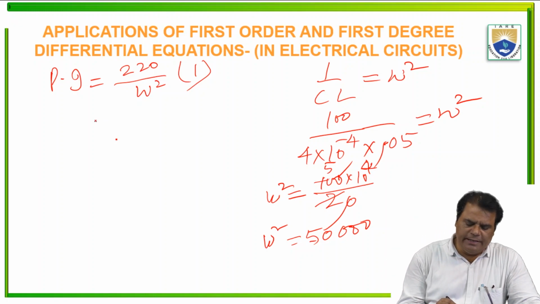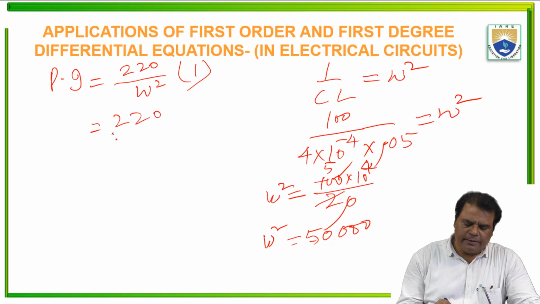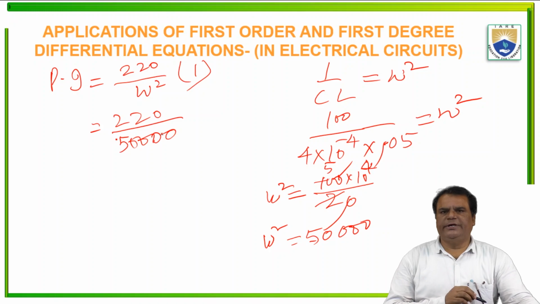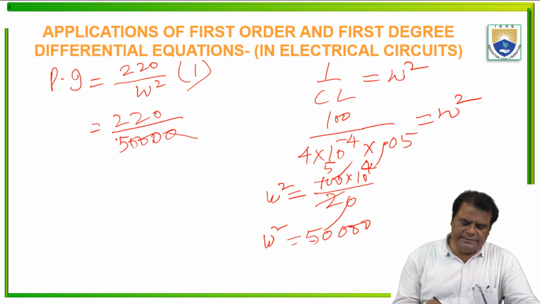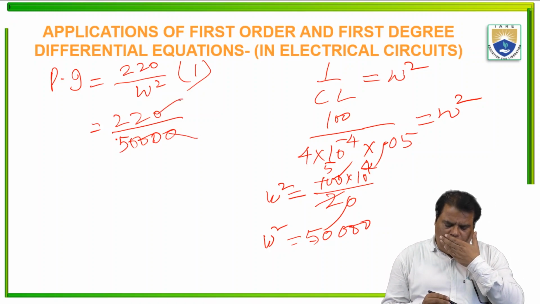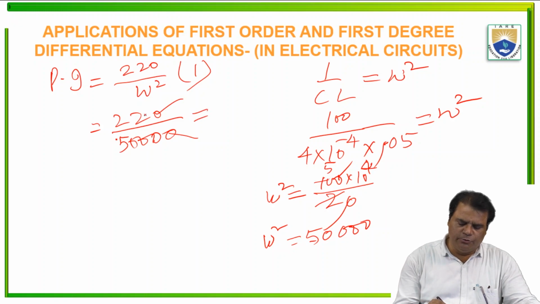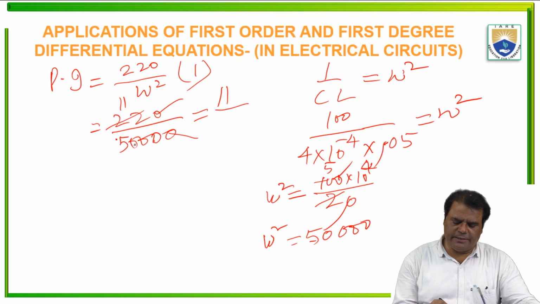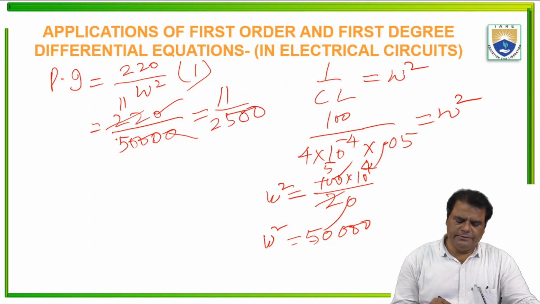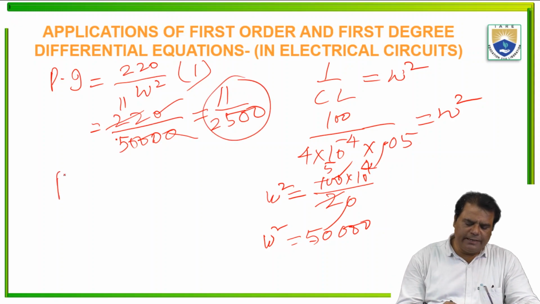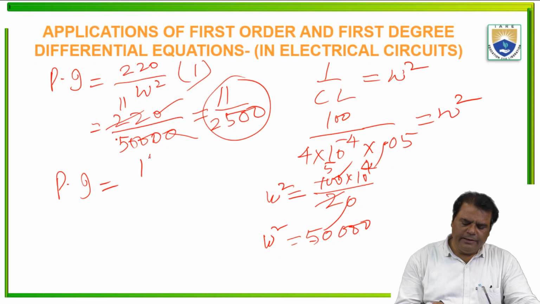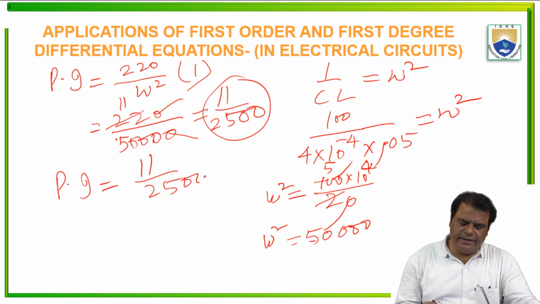So putting 220 upon 50,000, the 2 is cancelled, and this equals 11 upon 2,500. This is the value of PI. Particular integral we have found: 11 upon 2,500.